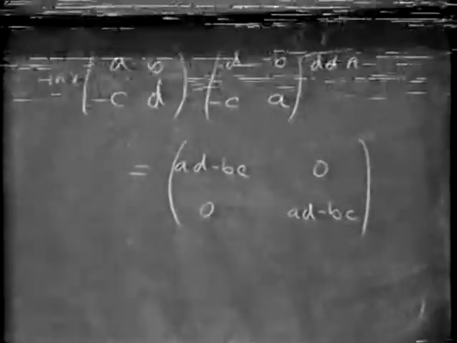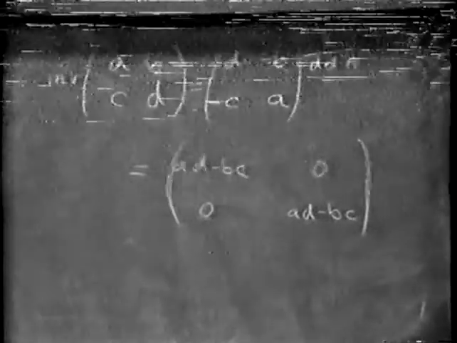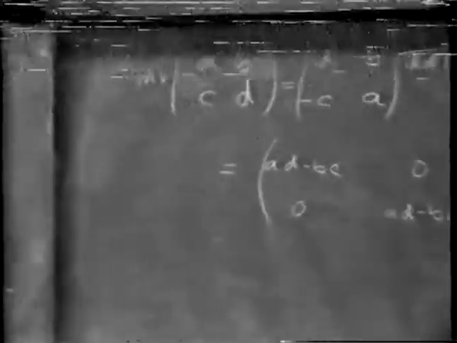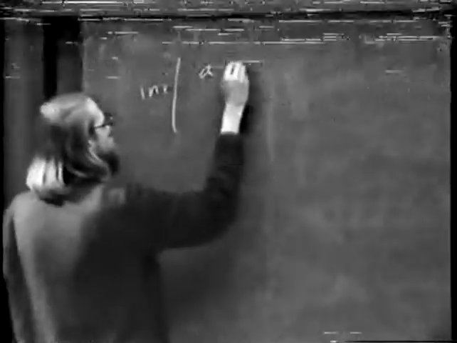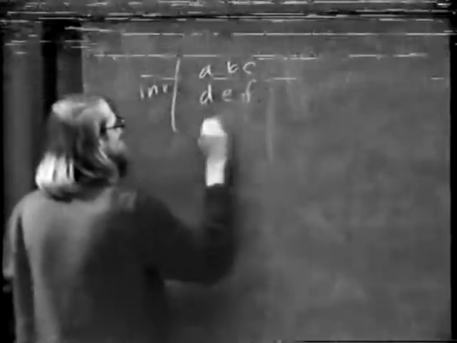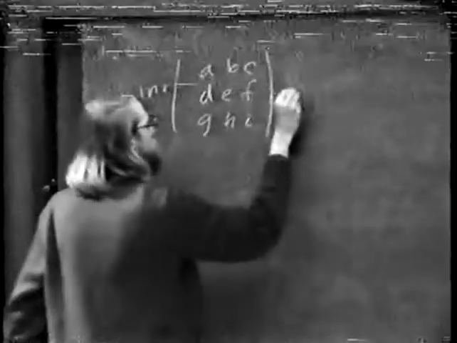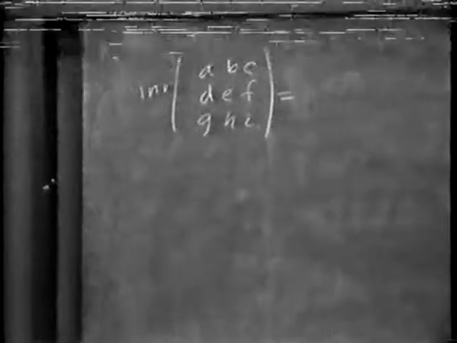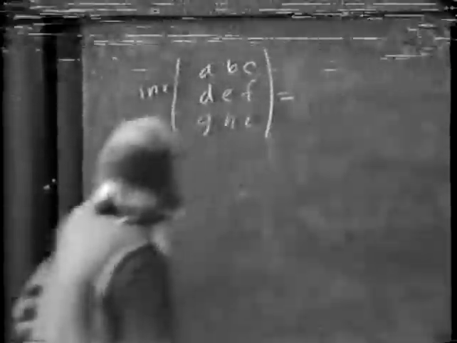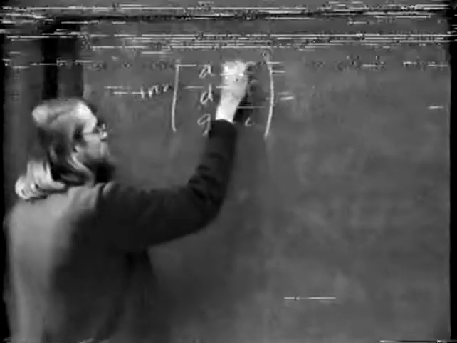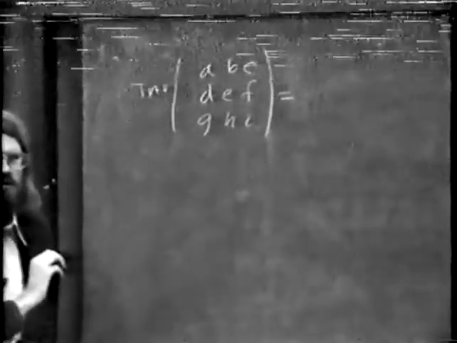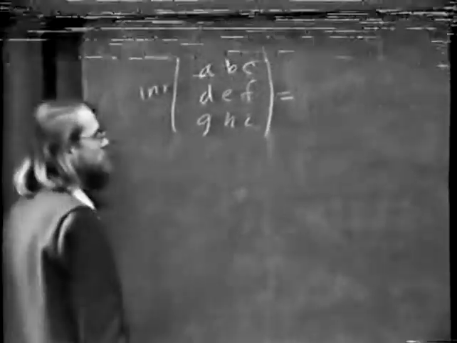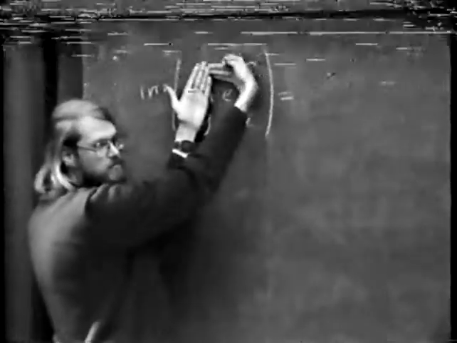Now, if we want to generalize this to, say, the 3x3 case, we wind up with the following thing. First of all, you do an analogous thing to what I just did here for flipping around the numbers. You take each element of the matrix and you replace it with the determinant of the 2x2 matrix left over if you erase that row and column.